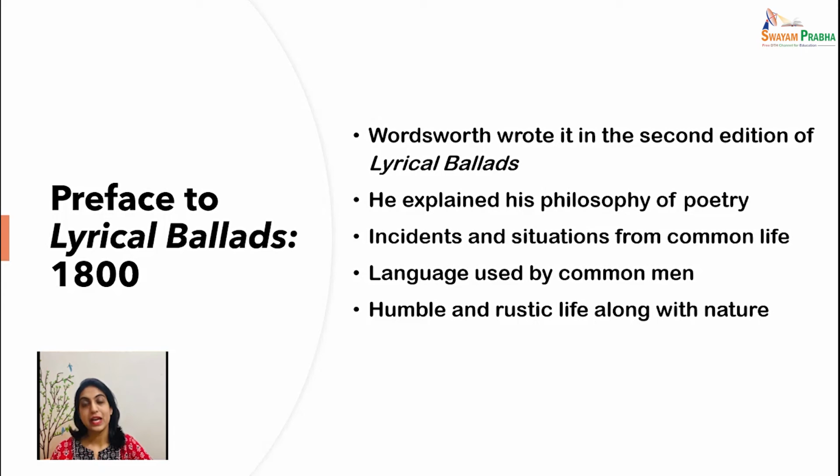According to him, in his poetry, he chose the incidents and situations from common life, and thus he tried to make them relatable by describing them in a language actually used by common men. This was his theory of poetry. He chose humble and rustic life along with nature to express himself more naturally and freely. So, this was about the book.